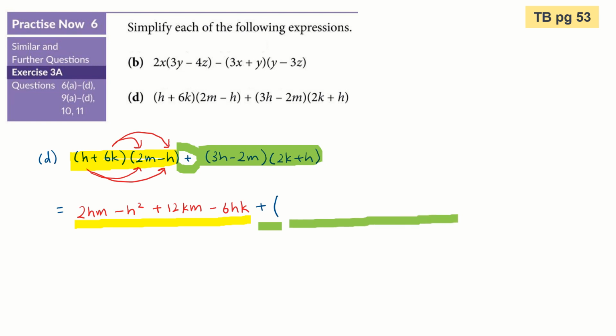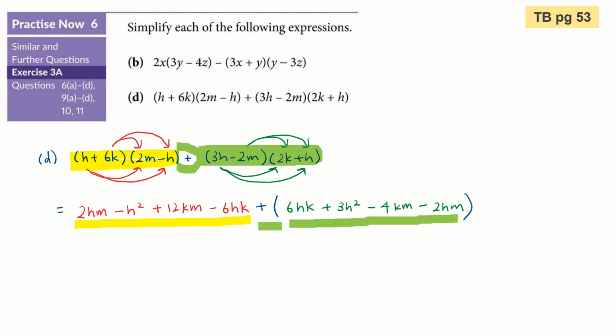So looking at the expansion of the component in green, I will have 3h multiplying with 2k, and that gives us positive 6hk. Then 3h multiplying with h, that will give us plus 3h squared. Then minus 2m multiplying with 2k, that will give us minus 4km or 4mk. Then minus 2m multiplying with h, that will give us a minus 2hm. So with that, we're done with the expansion of the green component, and we remember to close the bracket.